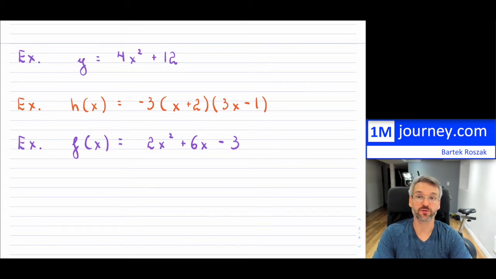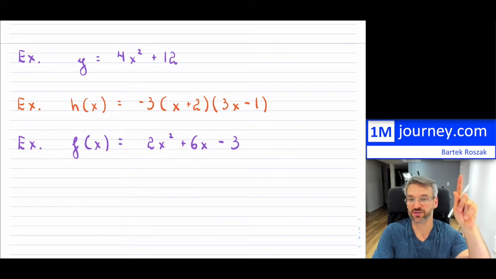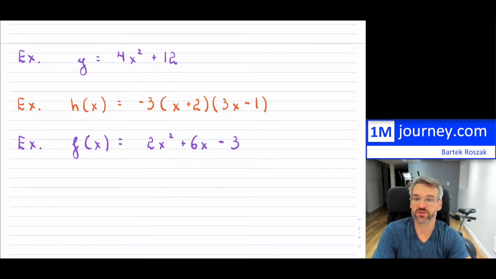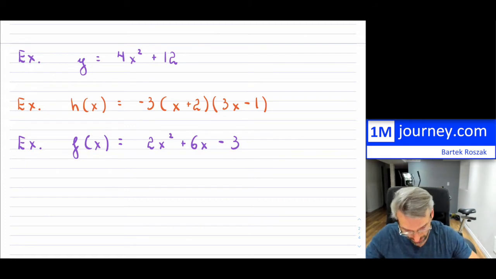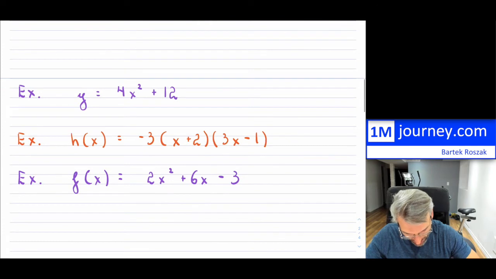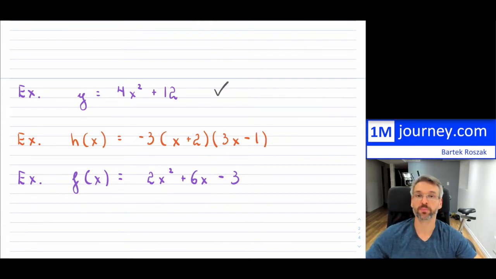Now, if you've forgotten the vertex form, I will put up a link above to that, just in case. You can take a look at that, and working with completing the square will help you. Now, in general, what we want to find is, does this have a maximum or minimum? And for quadratics, it always will. The point will be, is it a maximum or a minimum? And then how to tell that.